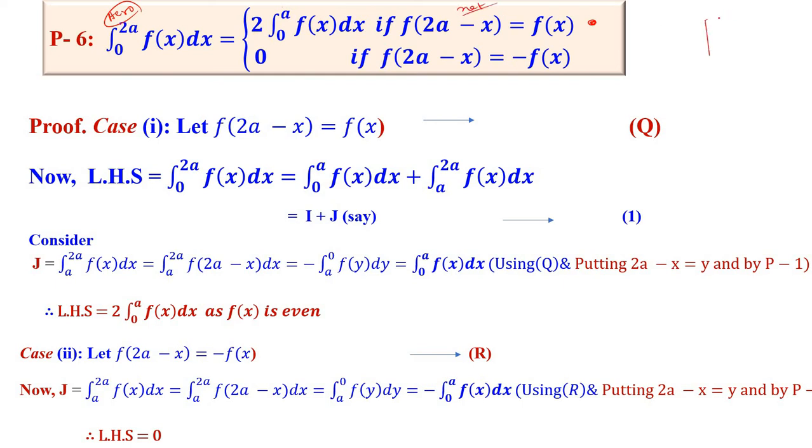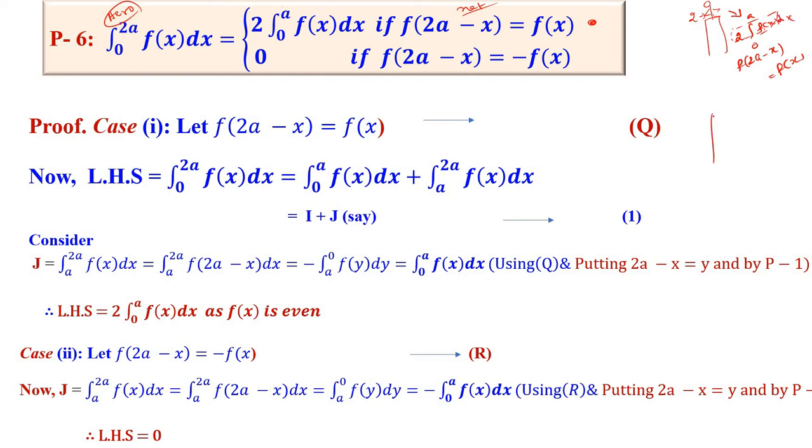Like a man jumping from a tall building, with a net below. That net is your f of 2a minus x equal to f of x. So when he jumps down, you will have 2 times integral 0 to a f of x dx.